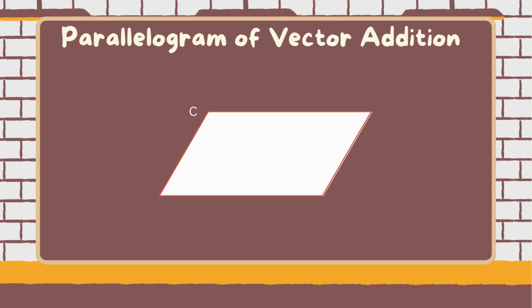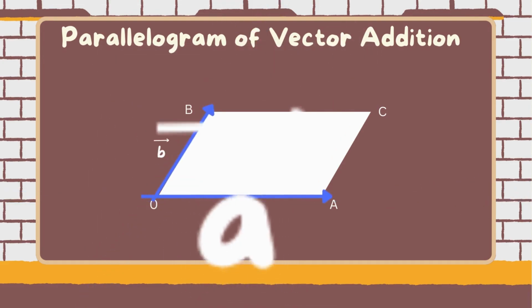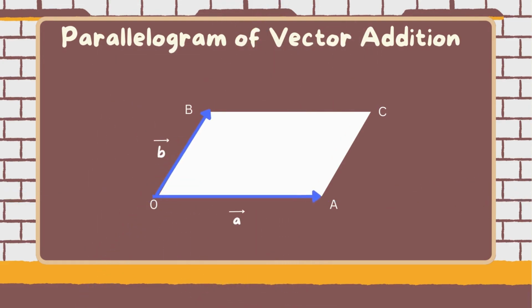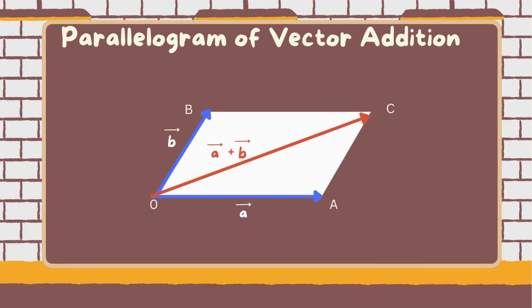Now let's suppose that we have a parallelogram, and the two adjacent sides of it represent the two vectors A and B in magnitude and direction like this. Then the sum of the vectors A and B is represented in magnitude and direction by the diagonal of the parallelogram through their common point.